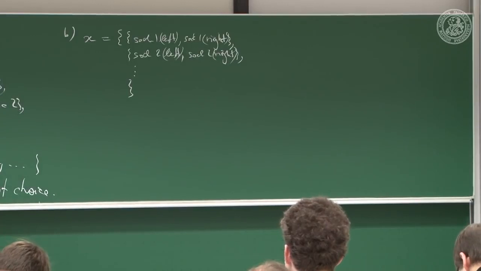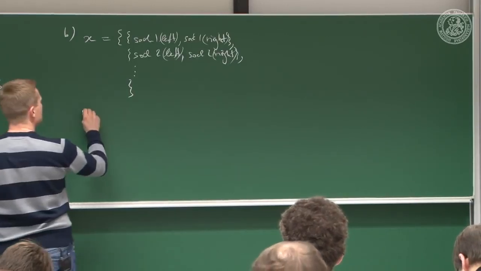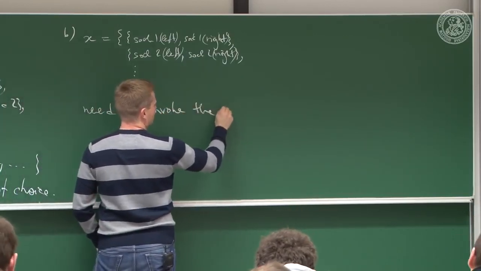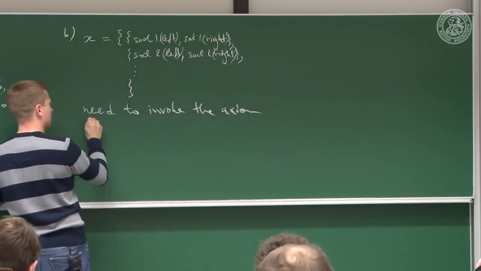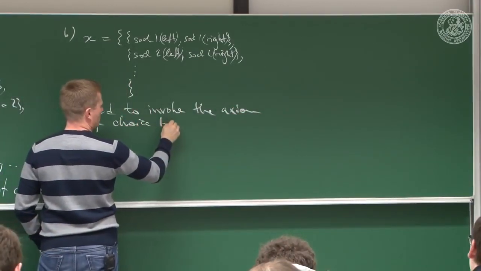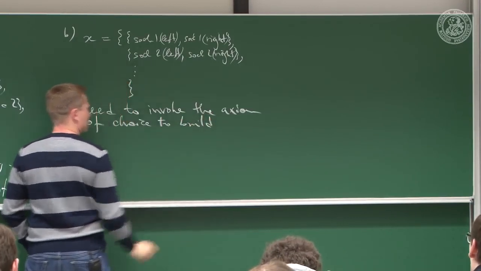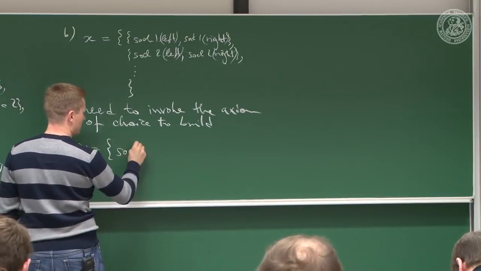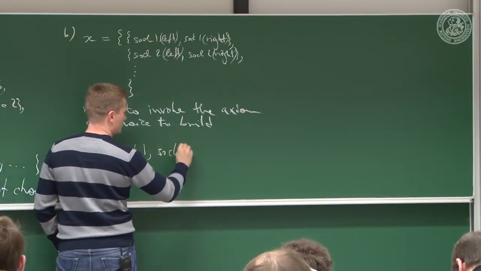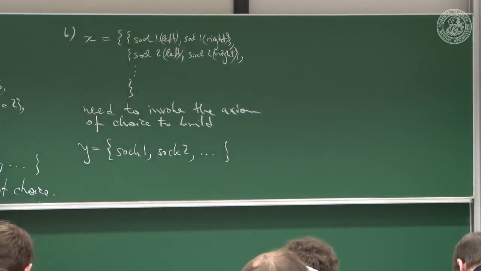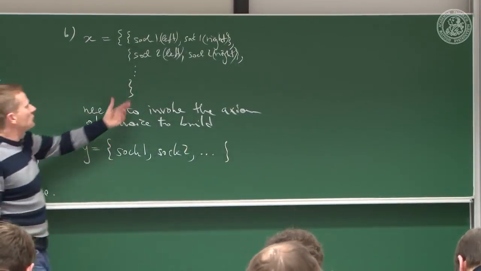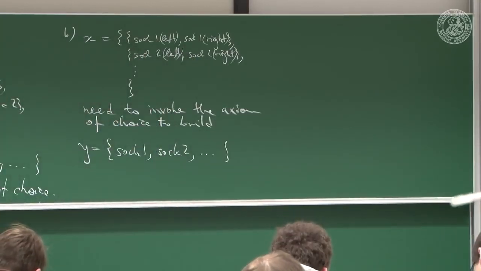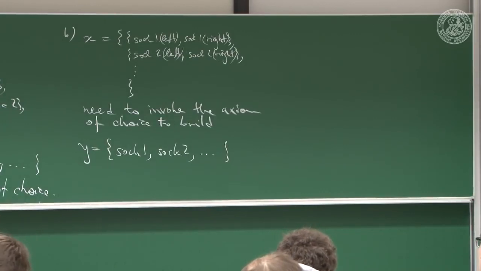So you have two socks, they look the same, and in this case you need to invoke the axiom of choice to build the set Y that contains, say, sock 1, sock 2, and so on. Because you don't really see which one you pick. You have no further means of distinguishing them. Well, it's just an intuition. It's just an analogy.